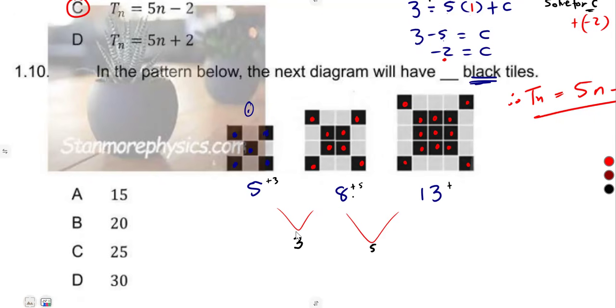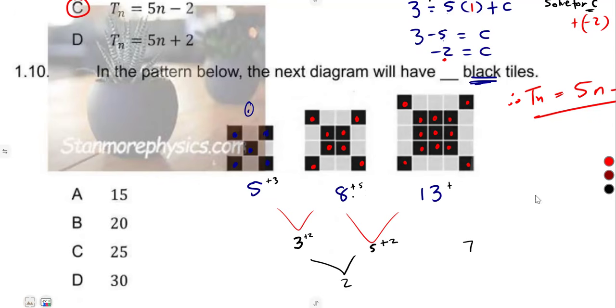It was 3 in the first place, then a 5. So the numbers being used simply have a difference of 2. 5 and 3 have a difference of 2. So here we added a 2 to get a 5. So to get the next one, we must add a 2. That will be a 7.